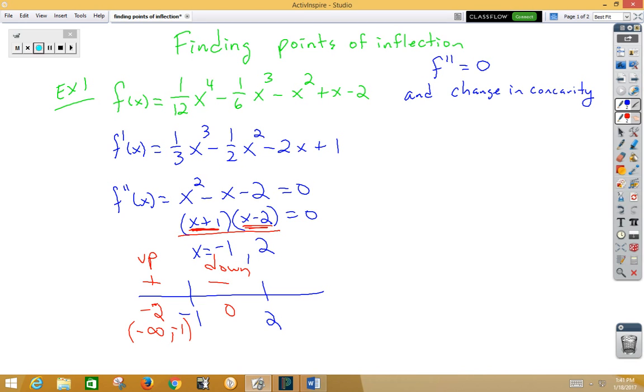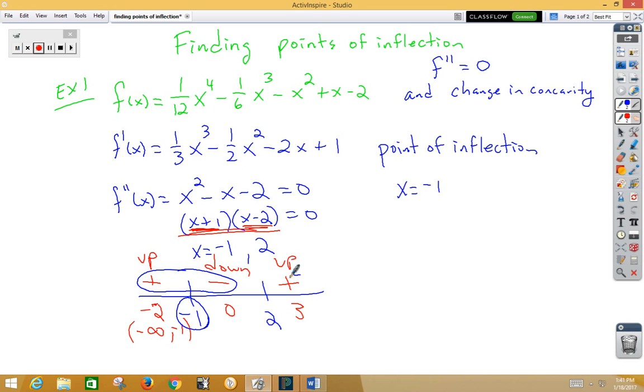Now notice we had a change in concavity at -1. That makes a point of inflection. So we have a point of inflection at x is equal to -1. If we continue and choose something to the right of 2 like 3, plug in, we get a positive, which is concave up.